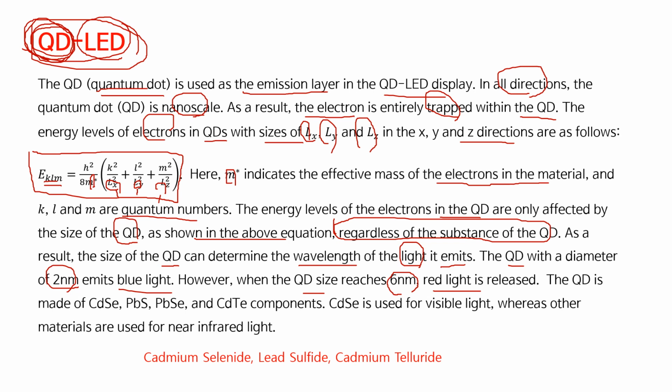The quantum dot is made of cadmium selenide, lead sulfide, lead selenide, and cadmium telluride compounds. Cadmium selenide is used for visible light, whereas other materials are used for near-infrared light.